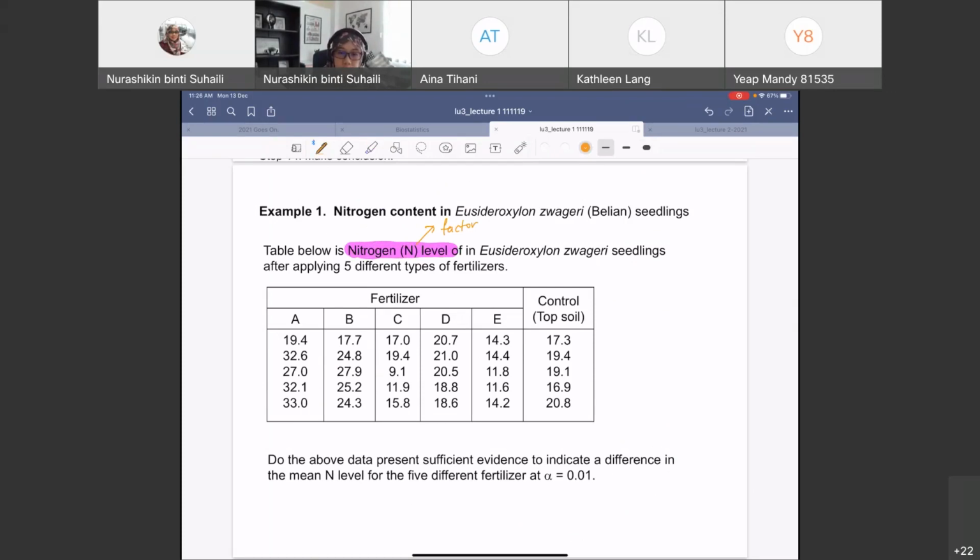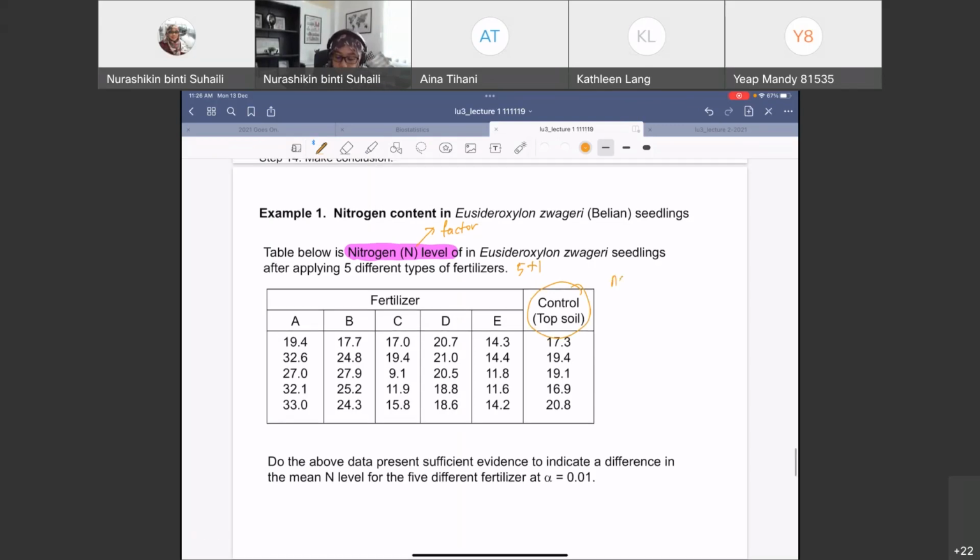You want to compare 5 different types of fertilizers, but you have this thing, control. Remember, in any experiment, we must have a control. So it's quite a trick here. It's not actually to just compare 5 different types of fertilizers. It's actually 5 plus 1, because you have 5 different fertilizers, A, B, C, D, E, and you want to compare with the control.